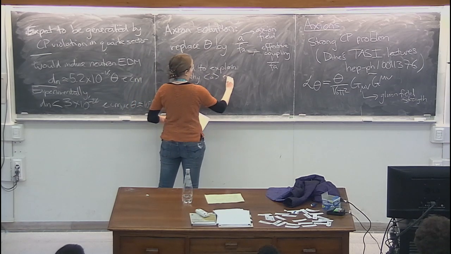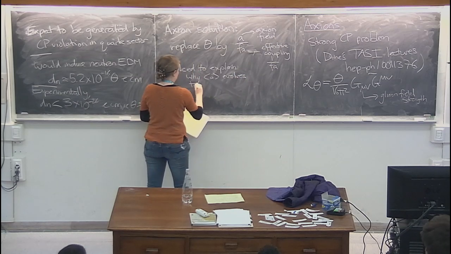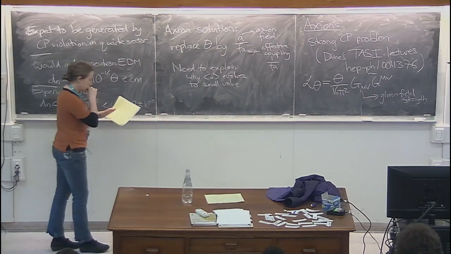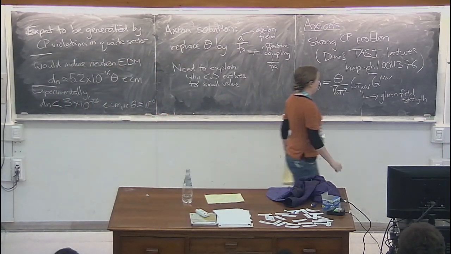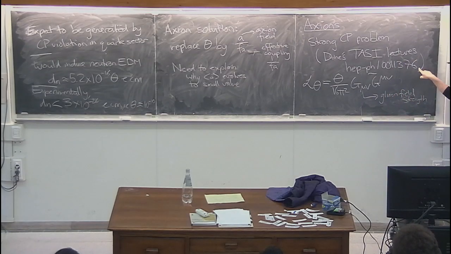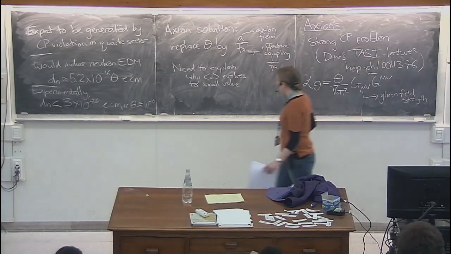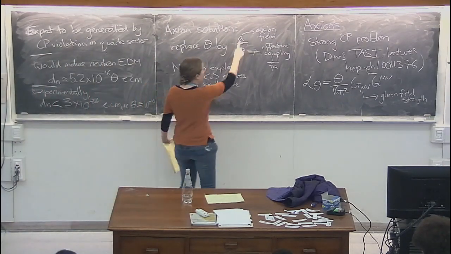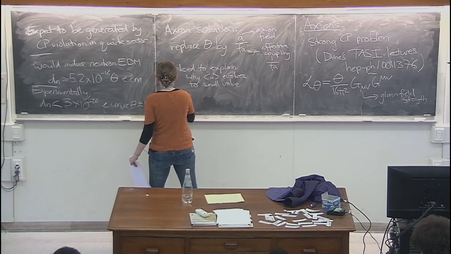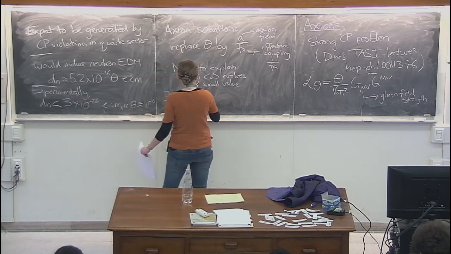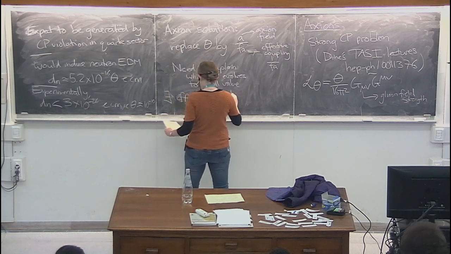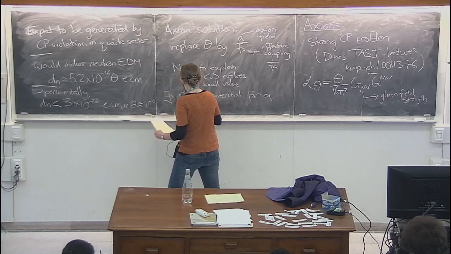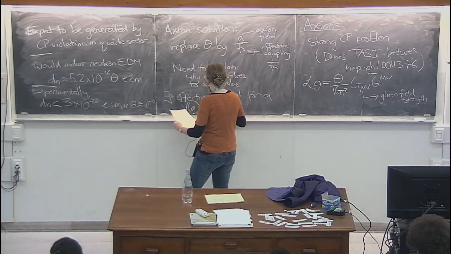So you can show, and I'm not going to go through the derivation because of time commitments, but it's in these notes if you want to take a look at them, you can derive an effective potential for this A field. We know this is coupled to QCD. It's coupled to the gluon sector.